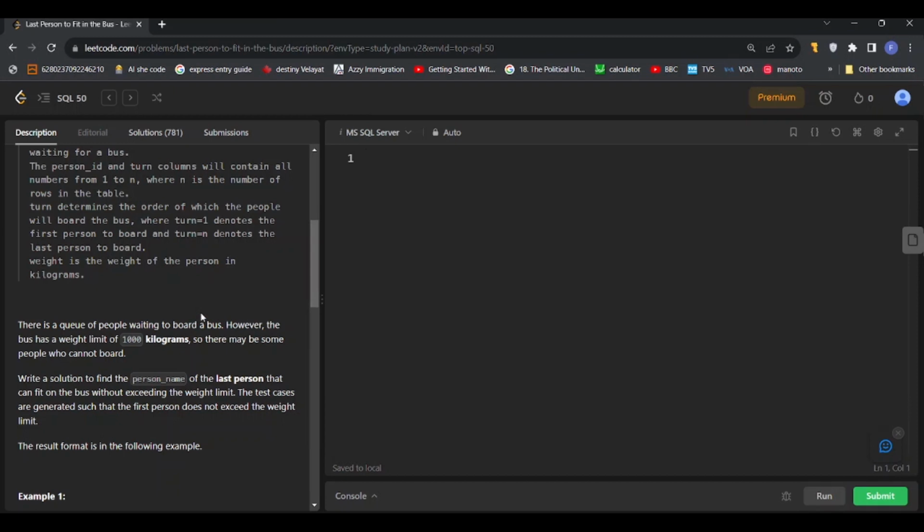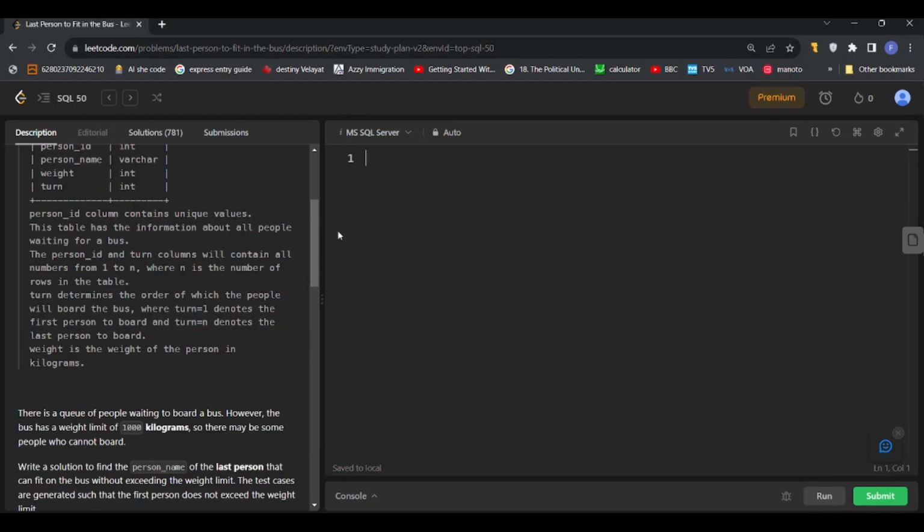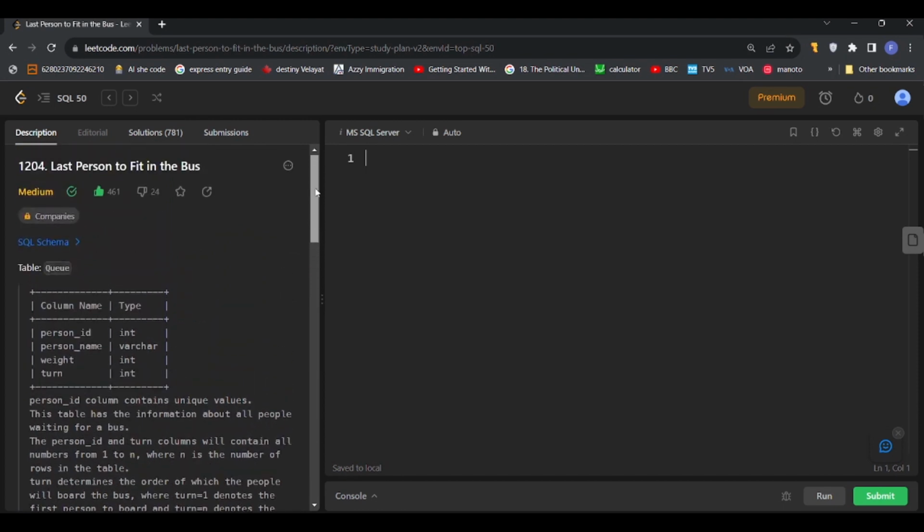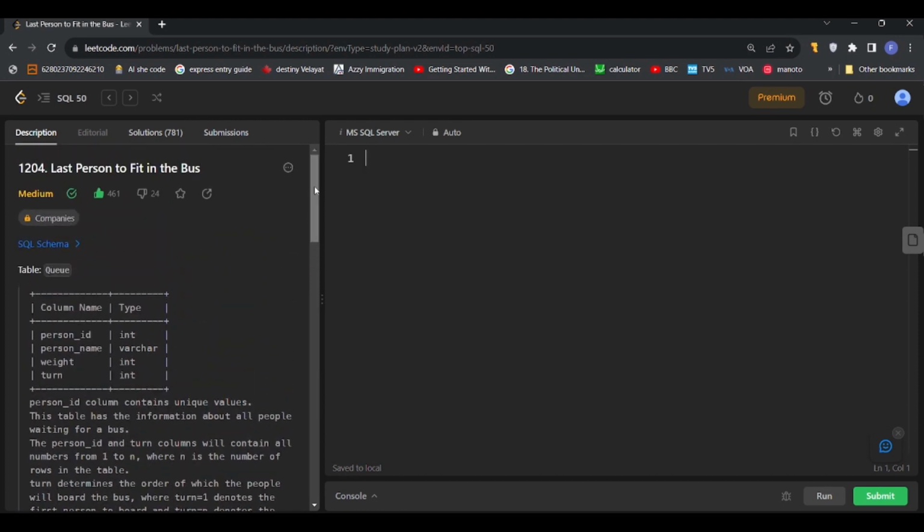What is the solution? The solution is that we have to consider all possible cases, and out of all possible cases we have to take the one and only case that is the answer. How do we take all the possible cases? Actually, we are going to make a new table by joining this Q table with itself.